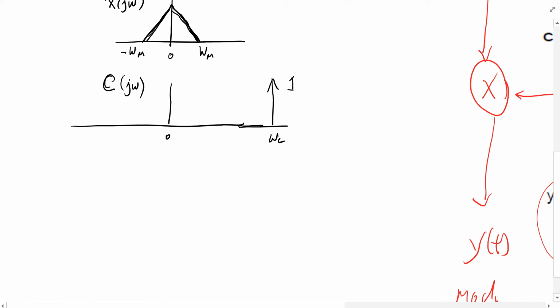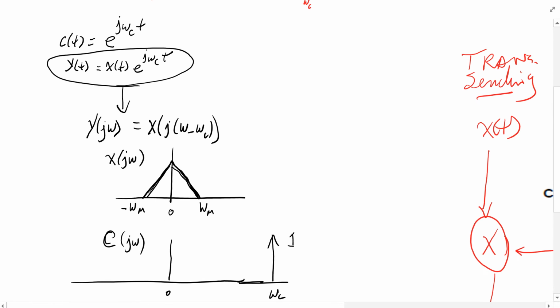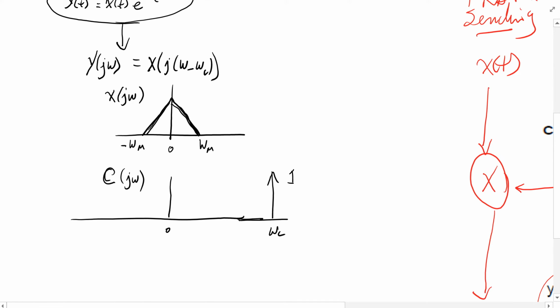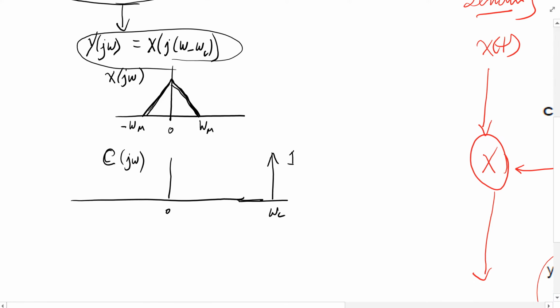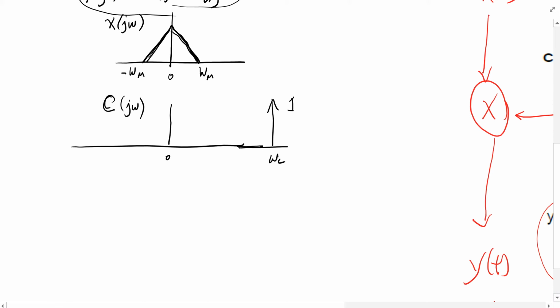Now if I convolve these things, moving one around and convolving it with each one, because that's what's going to happen, if it's a multiplication in the time domain, it would be a convolution. Or you can just simply look at this and say, okay, the result y of j omega is going to look like this.